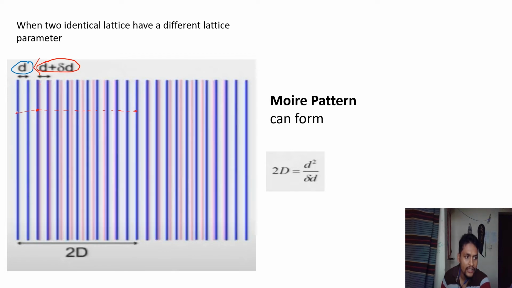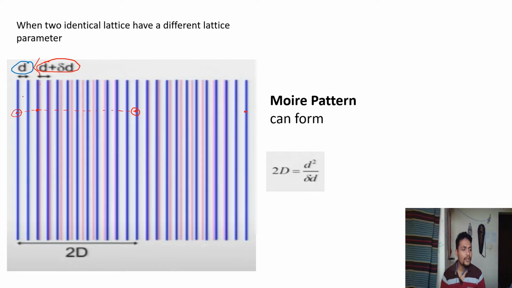That means blue and red are exactly matching, and again here blue and red are exactly matching, and in between the lattice has some kind of shift because of the mismatch in the lattice parameter. So now the Moiré pattern is forming, because after that again you can see no red, because it is overlapping with the blue.